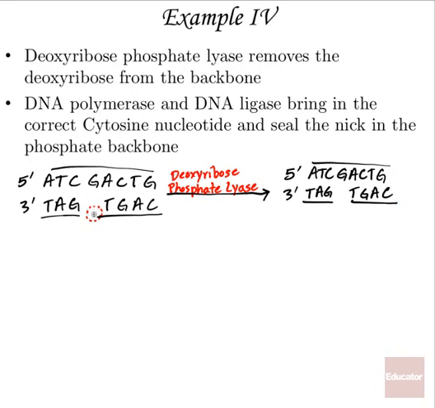Remember, AP endonuclease just made a nick, but it didn't remove the actual deoxyribose. That is where deoxyribose phosphate lyase comes in. It removes the entire thing, so now we have a full break in that backbone right there. We are missing the sugar. The final thing that happens is we have DNA polymerase and DNA ligase coming in.